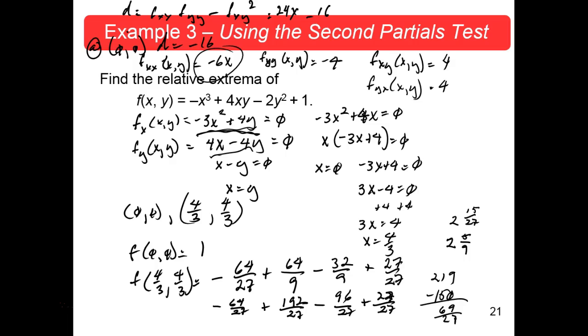Let's do it at 4/3. At 4/3, your D is equal to, and again, this product is 24, so it's 24 times 4/3 minus 16.